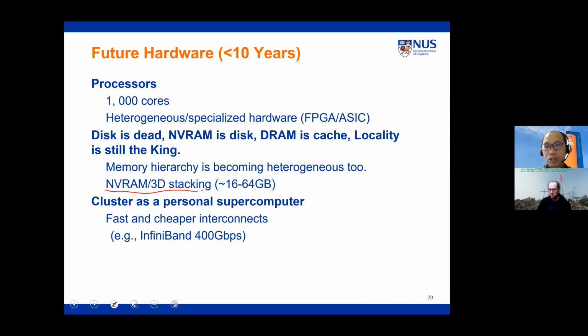For example, DCPMM, a non-volatile memory, is already on the market. 3D stacked memory that can offer over 400 gigabytes per second bandwidth is also available. So this really makes the memory system really powerful, and also InfiniBand in the network. So really we are in a great time of heterogeneous architectures.